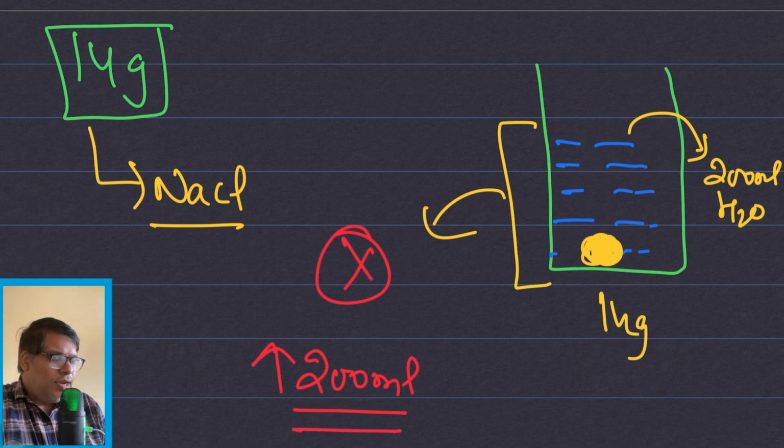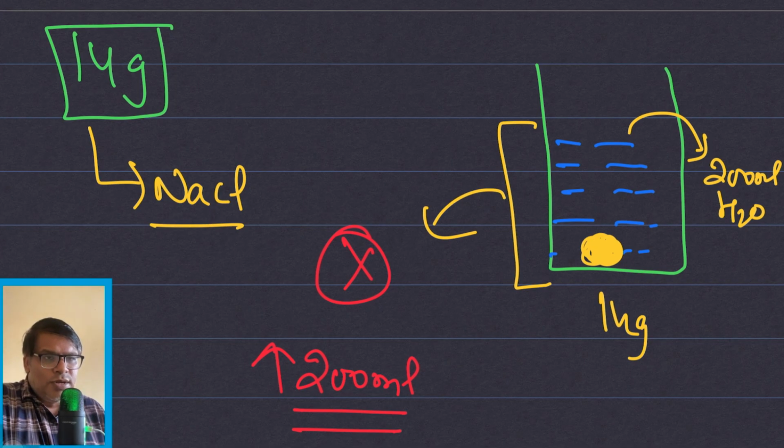Remember, NaCl is solid, it also has some volume, and if you mix both, the volume will rise. This is not the requirement. You have to prepare 200 ml of 7% NaCl, but here now the volume will rise. So how to prepare this?